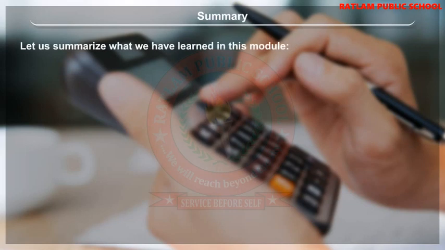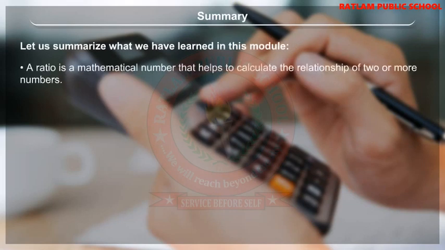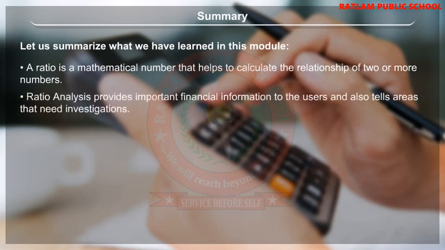Summary. Let us summarize what we have learned in this module. A ratio is a mathematical number that helps to calculate the relationship of two or more numbers. Ratio analysis provides important financial information to the users and also tells areas that need investigations.